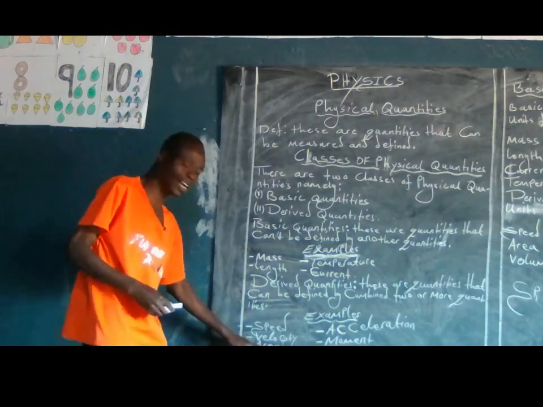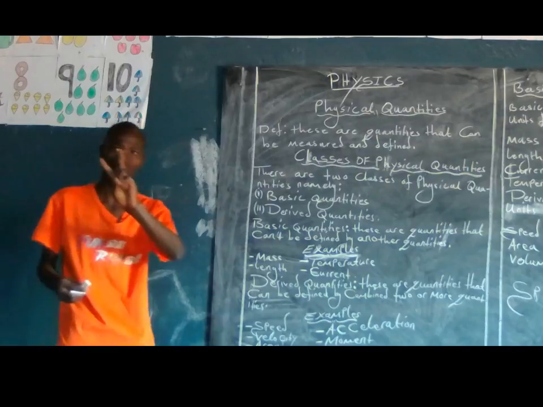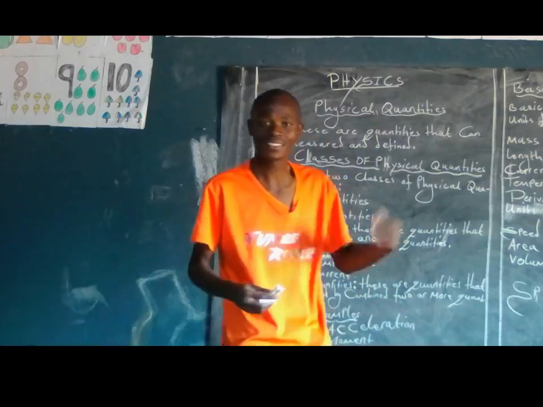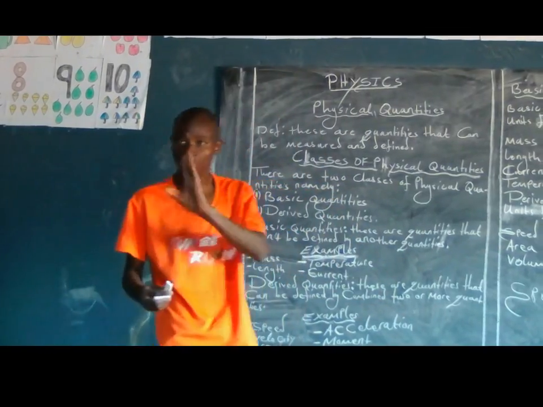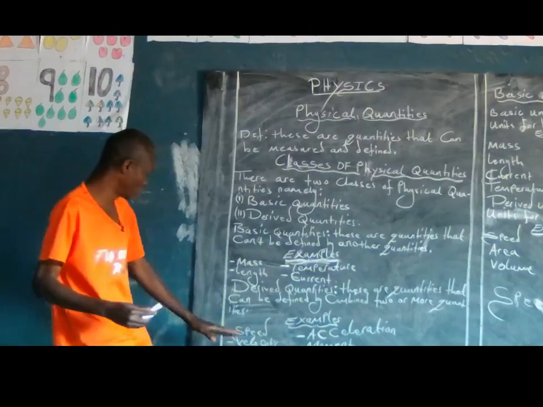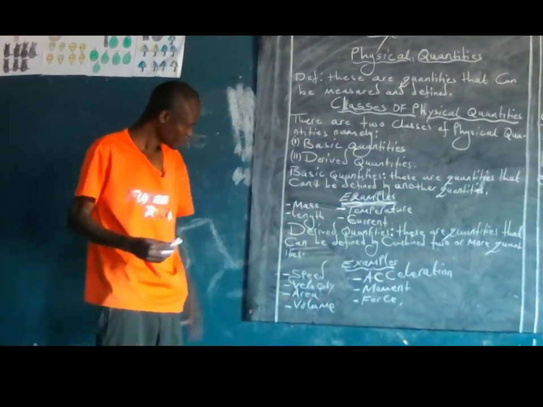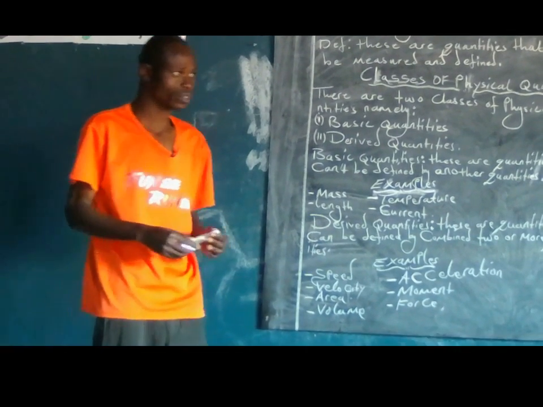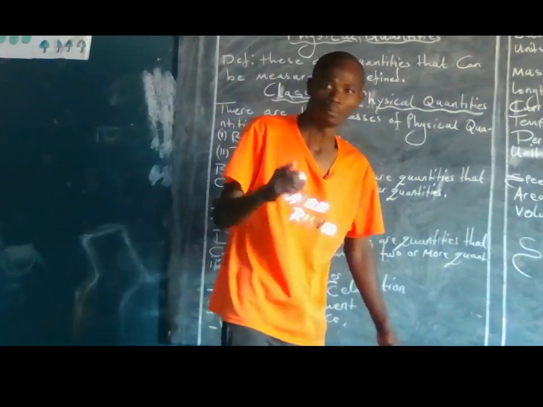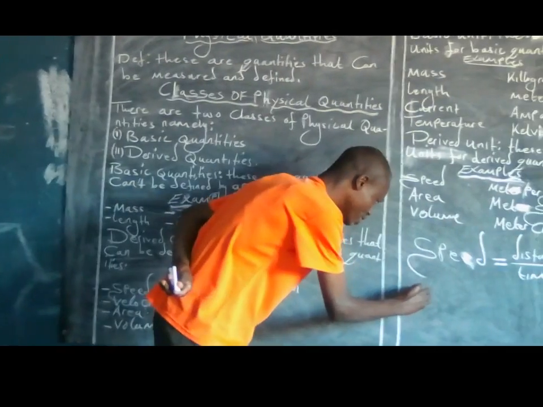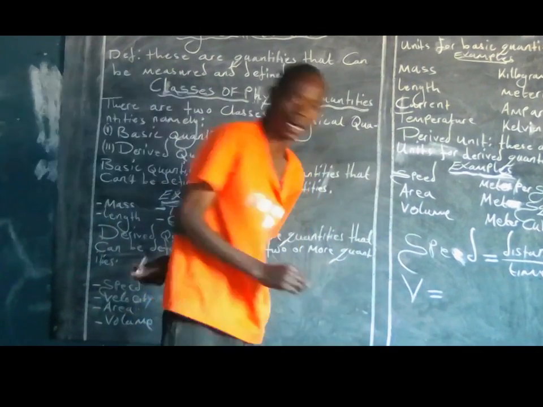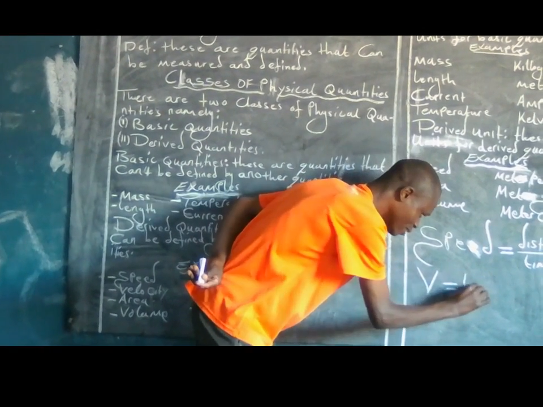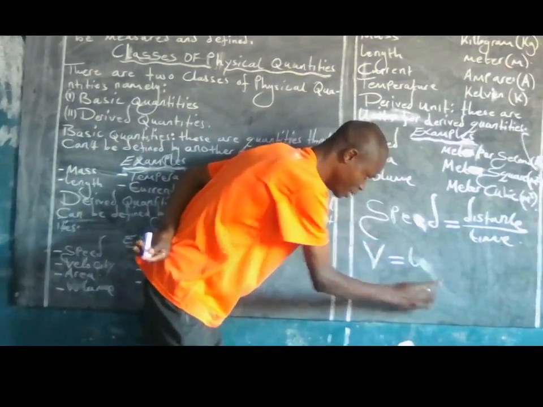Because area is defined by length, but this length multiplies itself twice for us to have area. Apart from this, we have also volume. We know that volume is defined by combining three things. It is a product of three things.